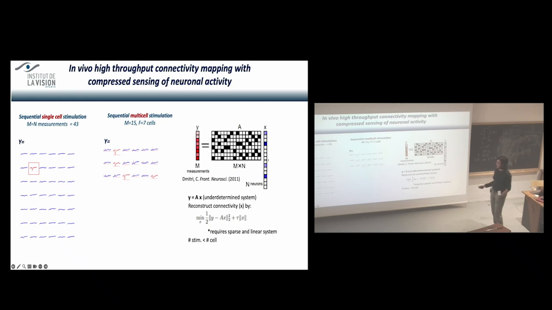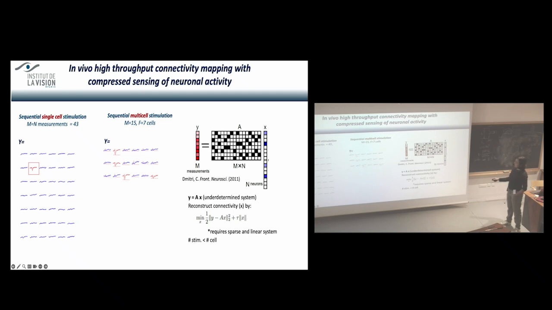And now there are 4 measurements that give you a response. So how can we find back which one was the cell? Here you have a system with a certain number of measurements and a certain number of neurons, 43.